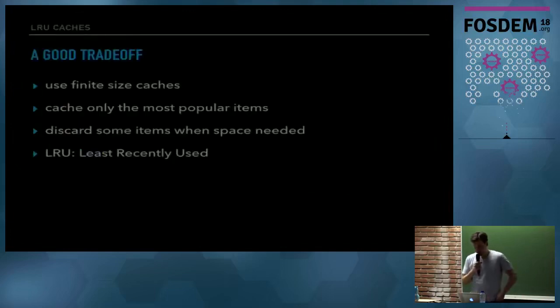So it's a good trade-off to use a cache small enough to keep the most popular items and evict the items you don't need anymore by least recently used eviction.